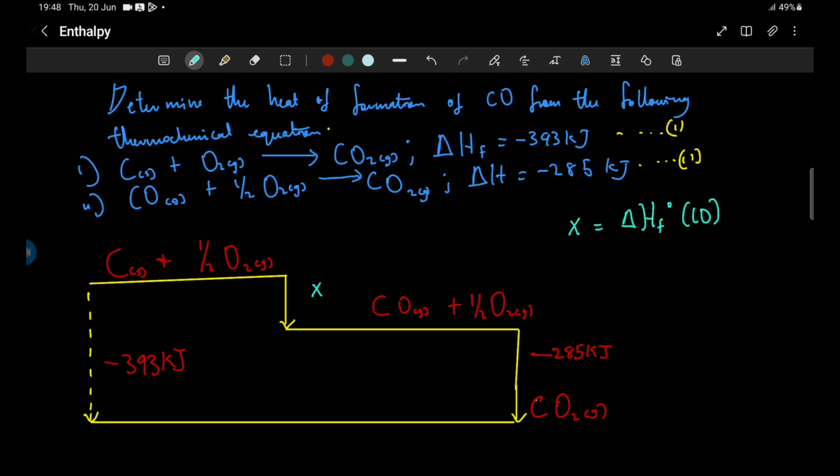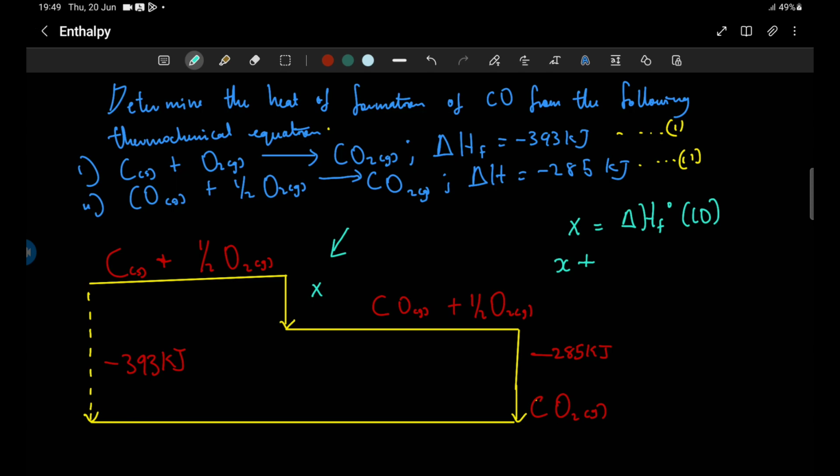Now the x is what we need. We don't know the value. So we'll apply the principle of additivity. We know the overall change is minus 393.